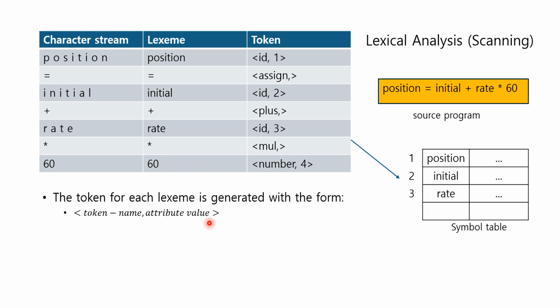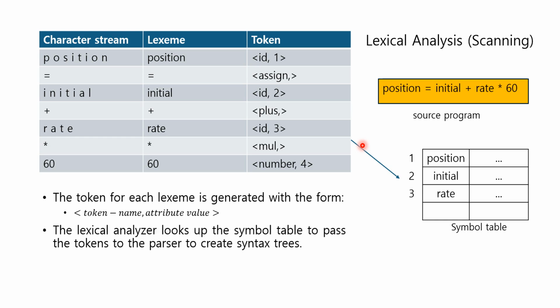The attribute value is a pointer to the entry in the symbol table, and the symbol table holds the information about the identifier. The lexical analyzer looks up the symbol table to pass the tokens to the parser to create syntax trees.